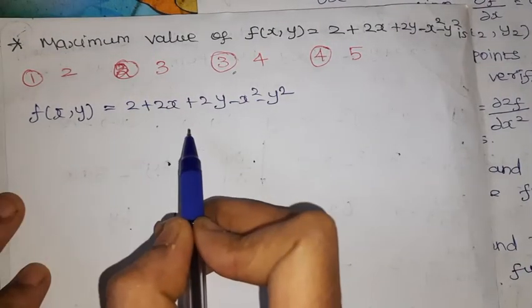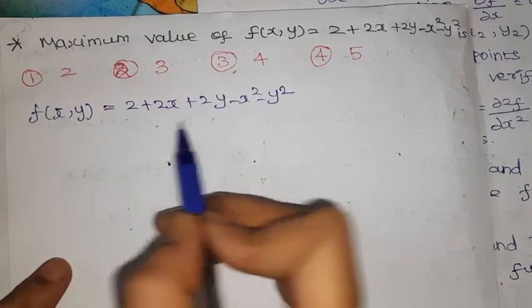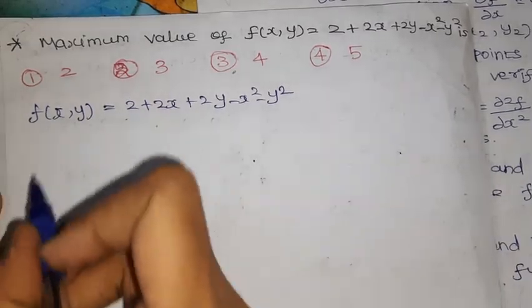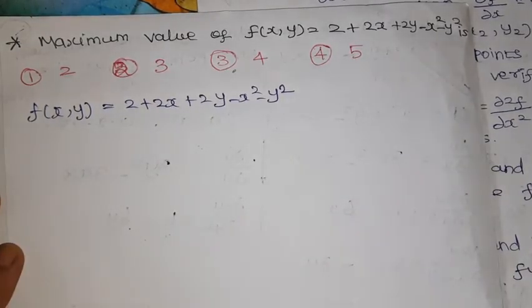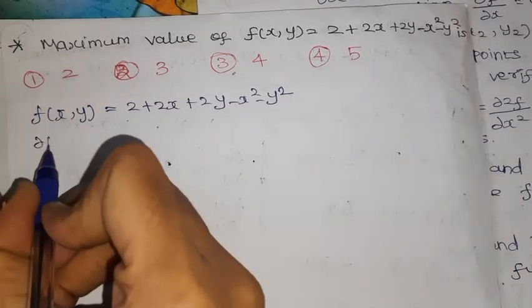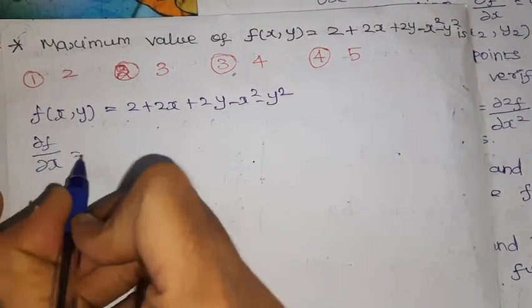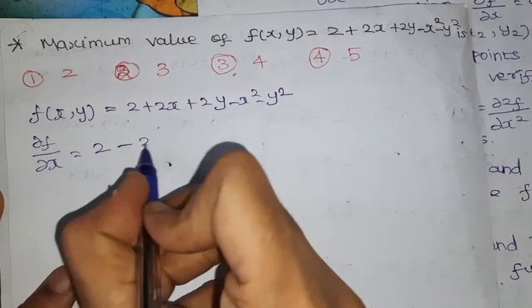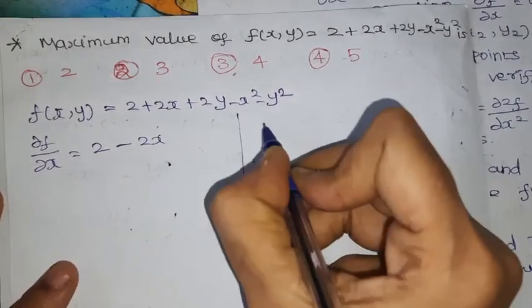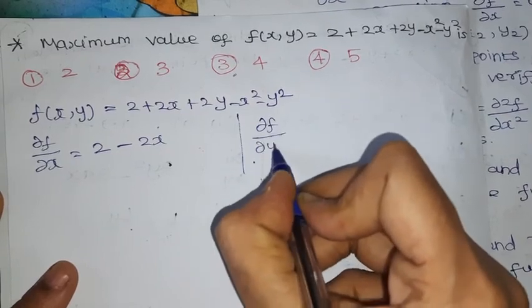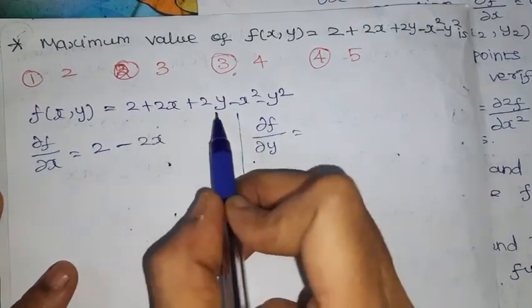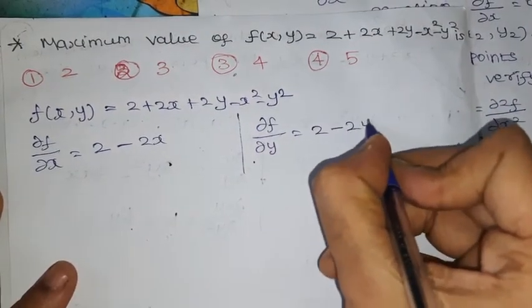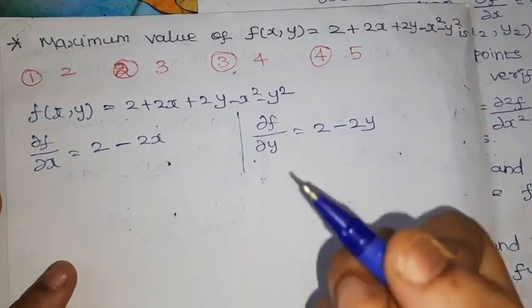This is the given function f of x comma y. So, what is the first point? We need to find out the stationary points. So, dou f by dou x, what is that? 2 minus 2x, right? Then dou f by dou y is 2 minus 2y. How to find out the stationary points?